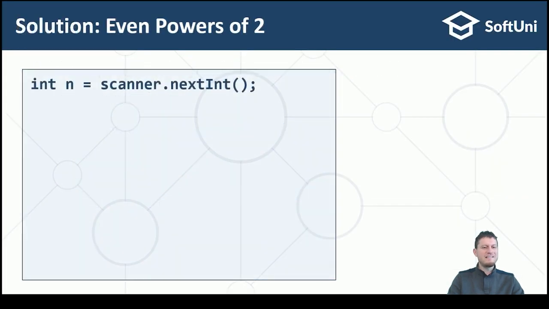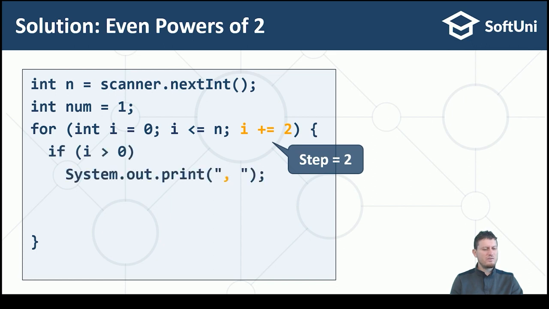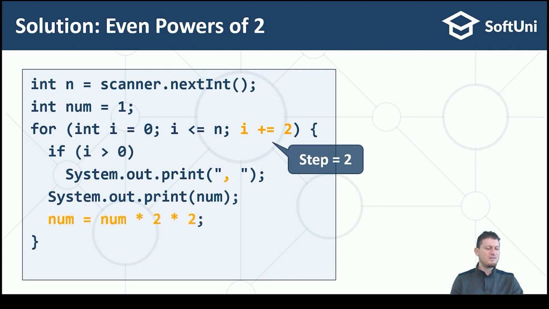Okay, let's go ahead. This is the solution I had in mind before the start of the lesson. I start from num 1, which is 2 raised to the power of 0. I run the loop from 0 to n with step 2, because at each step we multiply the num by 2 and then again by 2. And we use this trick to use the comma, and the solution is very similar like this.